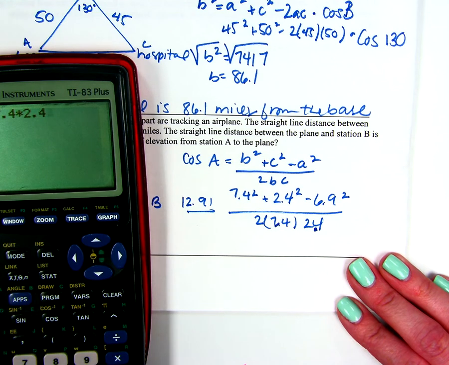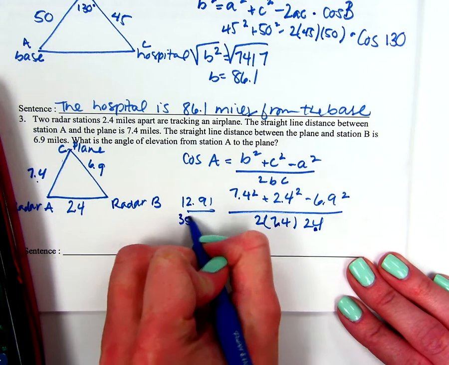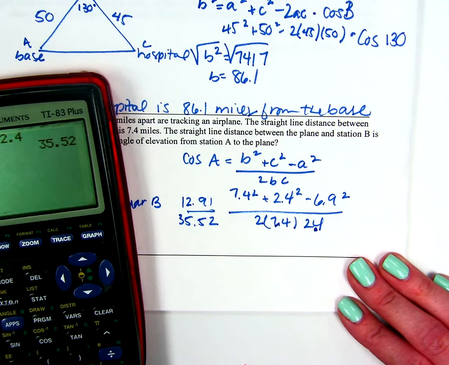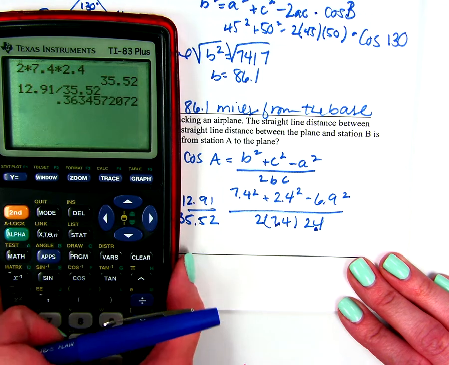I missed my decimal place there. So 35.52. Now I'm going to do 12.91 divided by 35.52, and I get 0.36345.